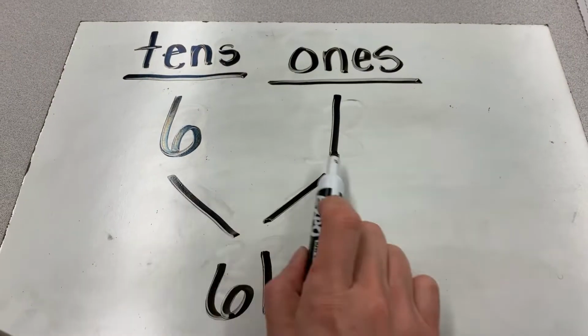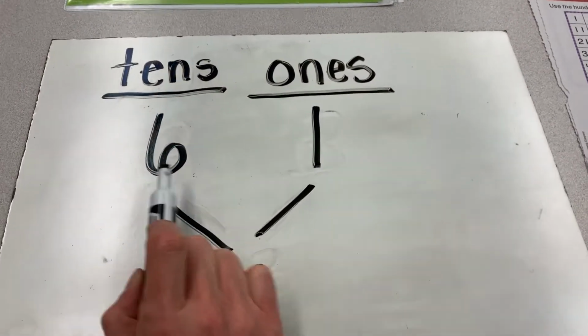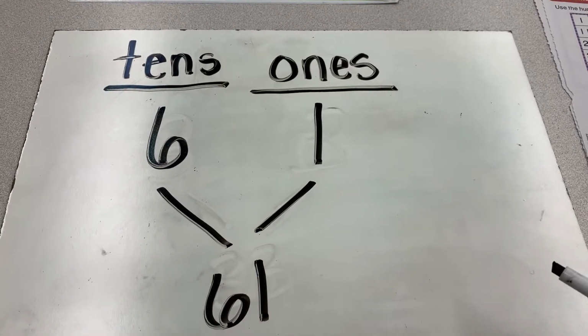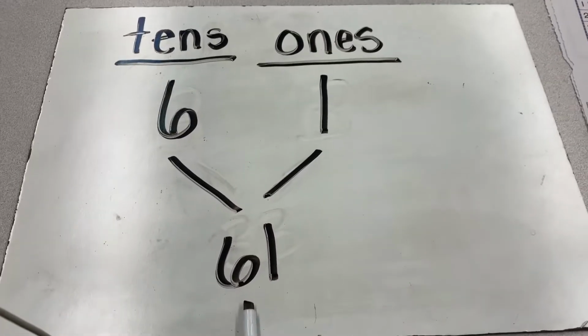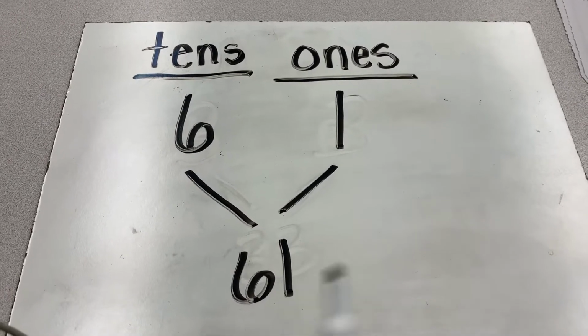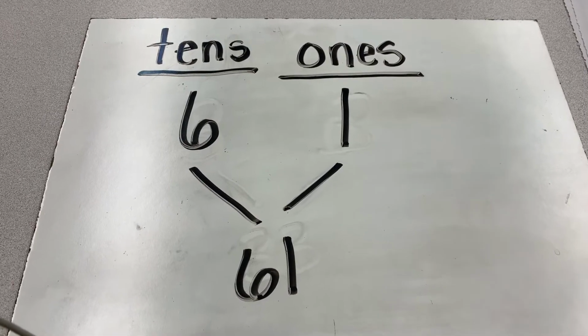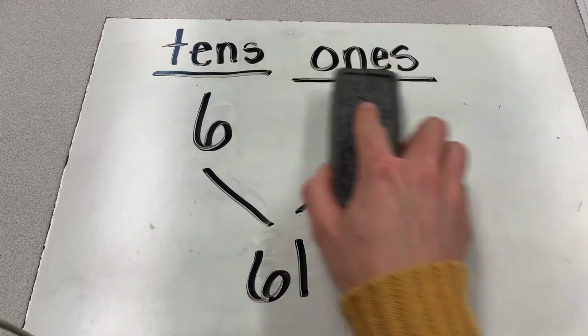I wrote a 2-digit number with 6 in the tens place, and I chose 1 for my ones place, and that makes what number, friends? 61. Good job. What number did you make? All right, let's erase it.